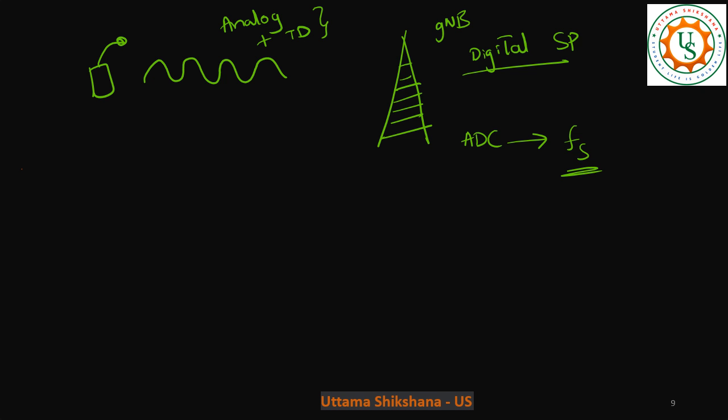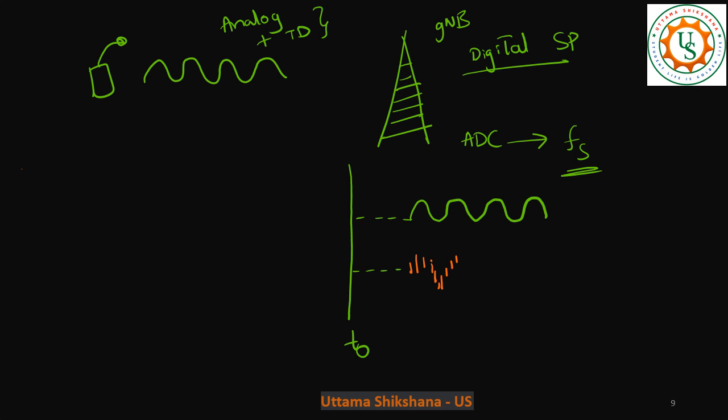So finally, at the G node B, the signal is supposed to reach at this point, but the signal has reached after some delay. This is the delay. Now, since we are doing sampling, we get samples, something like this.